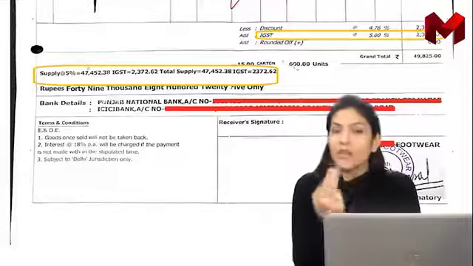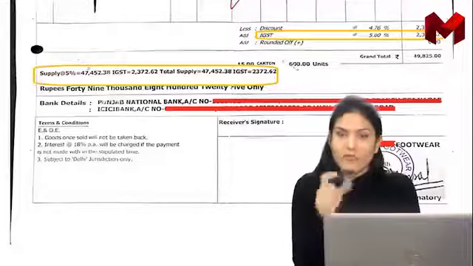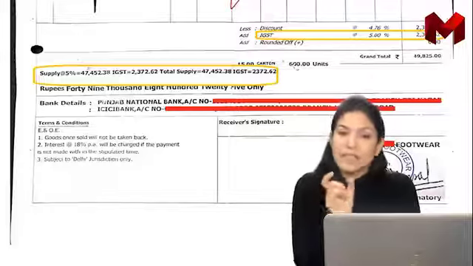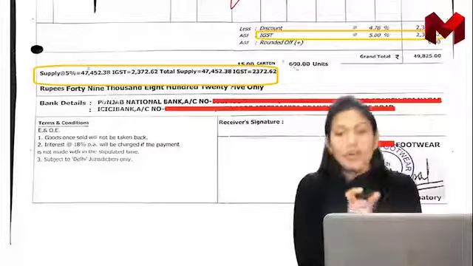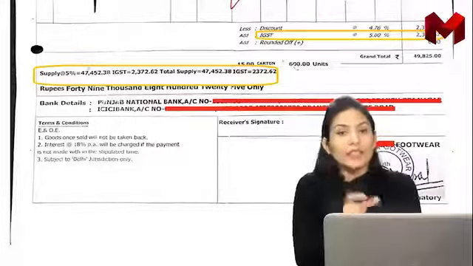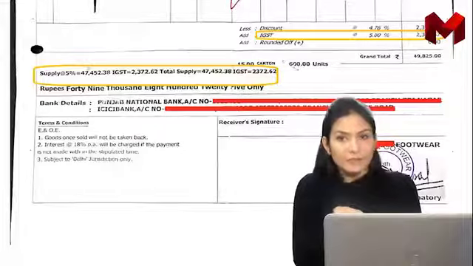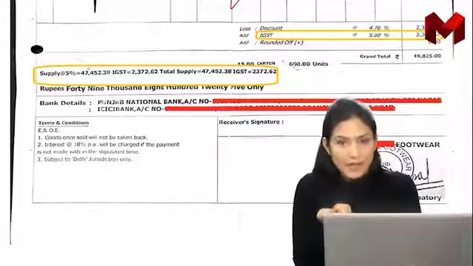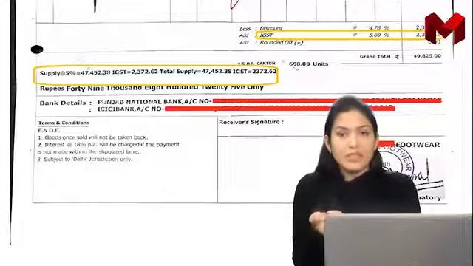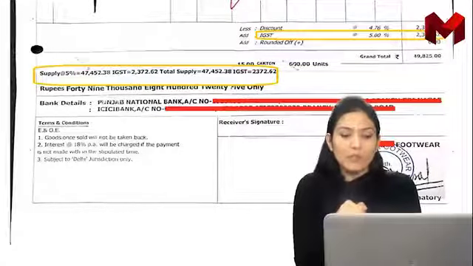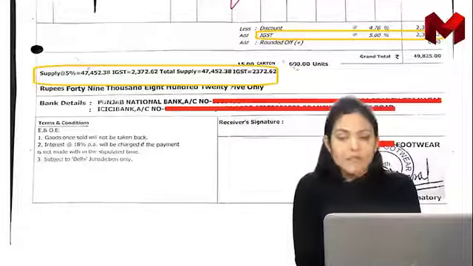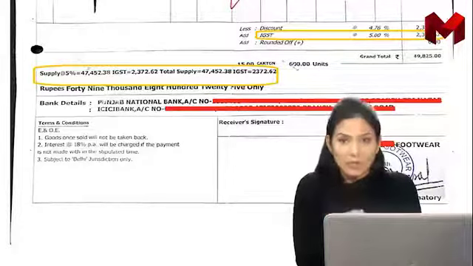The value of goods less discount, the total amount, will be the taxable value. That means on this value the tax is going to be applied. And then the IGST tax at the rate of 5%, and the total invoice value is 49825 rupees. That is the invoice value.